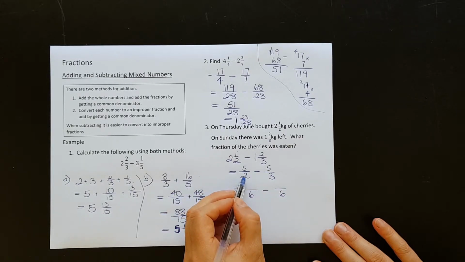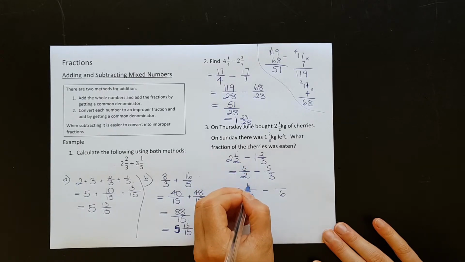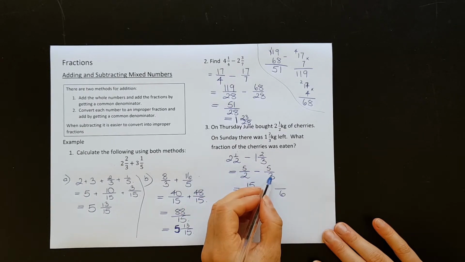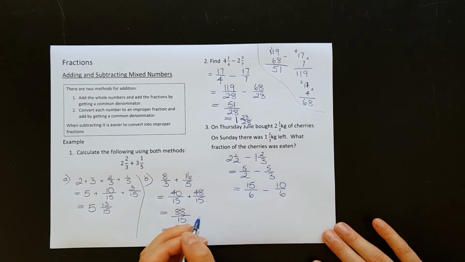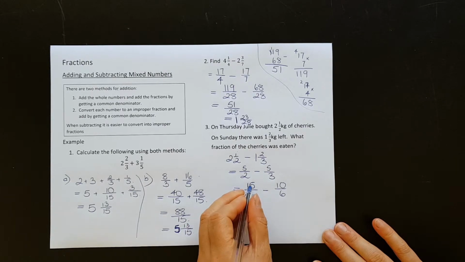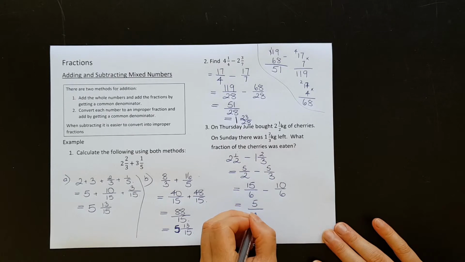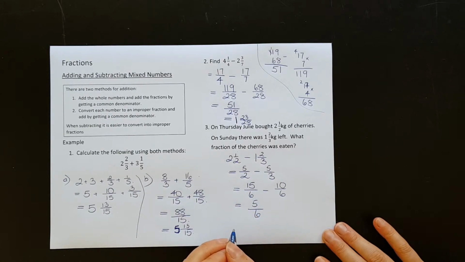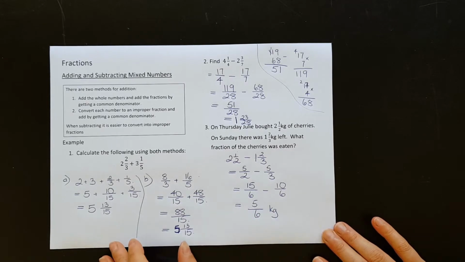This fraction needs to be times by 3, so timesing 5 by 3, I get 15. This fraction needs to be multiplied by 2, because 3 2s are 6. Timesing 5 by 2, we get 10. Now I can subtract. 15 minus 10 is 5 over 6. Okay, so there is 5/6 of a kilogram of cherries left.